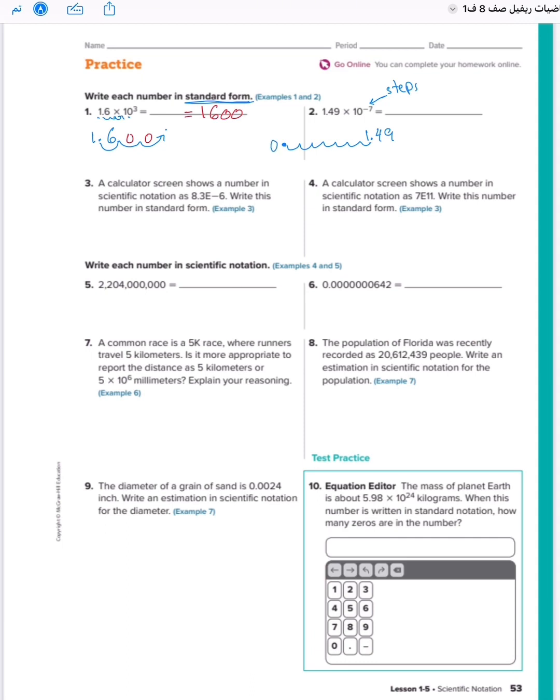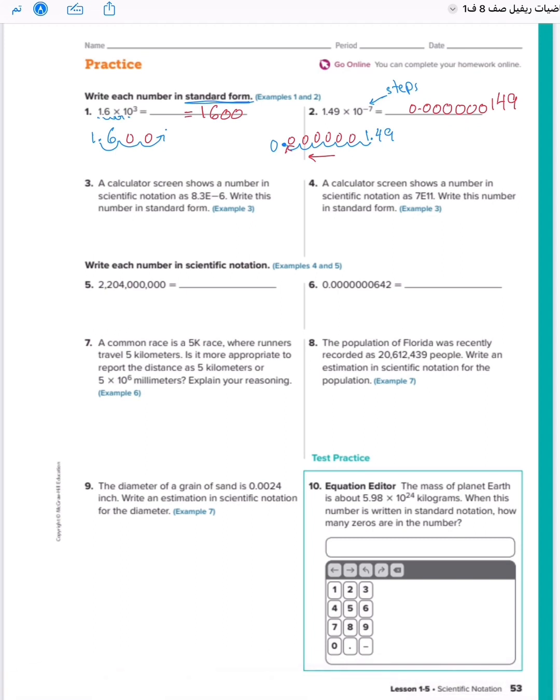Here 0. What shall we put in the space? Put 0: 1 2 3 4 5 6. Where is the 7? This one, move it 1. So we have how many 0? 6 zeros, 1 2 3 4 5 6, then 1 4 9. Put the same number. Okay, we move the point this side.